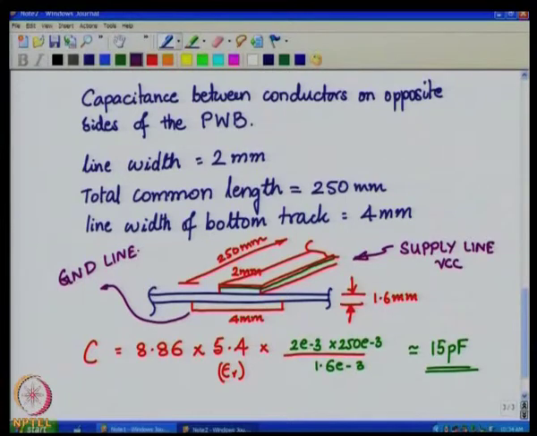Normally, the ground line is much thicker, has a greater width than the supply line, and the capacitance between the supply line and ground line for this specification, a 2 mm supply line, a 4 mm ground line for a 250 mm common length, is around 15 pF.